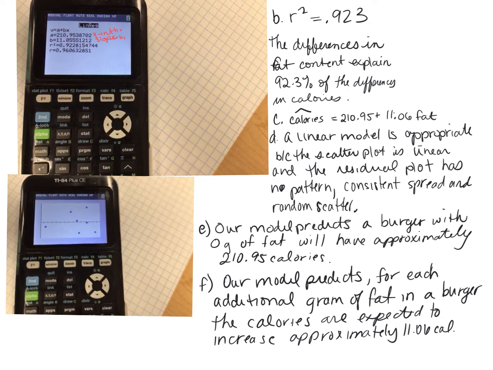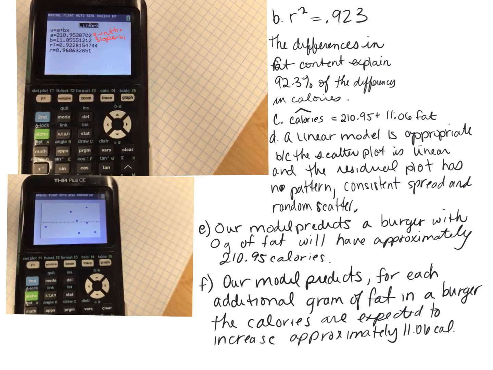For every one additional X, or every one unit X, it's 1 gram, right? So every 1 gram of fat we add to the burger, our model predicts there's going to be 11.06 more calories. Okay.